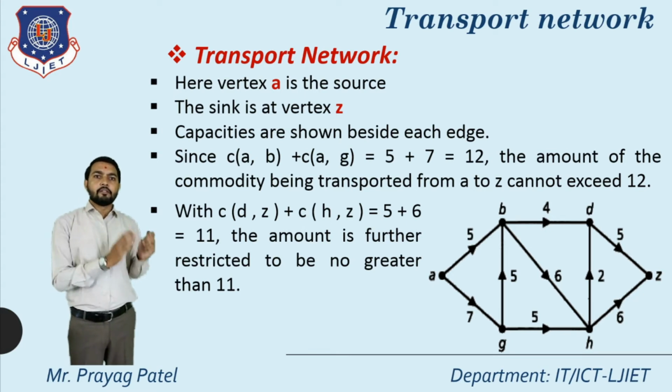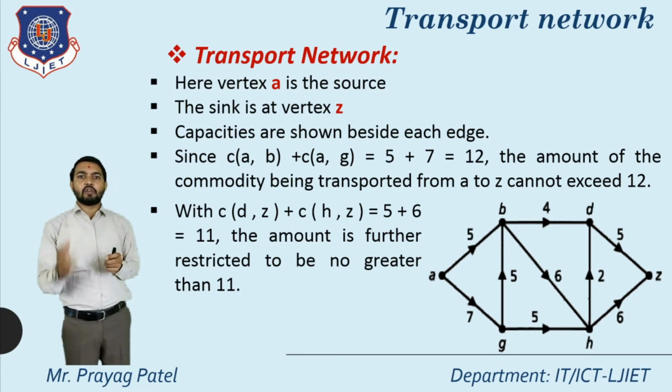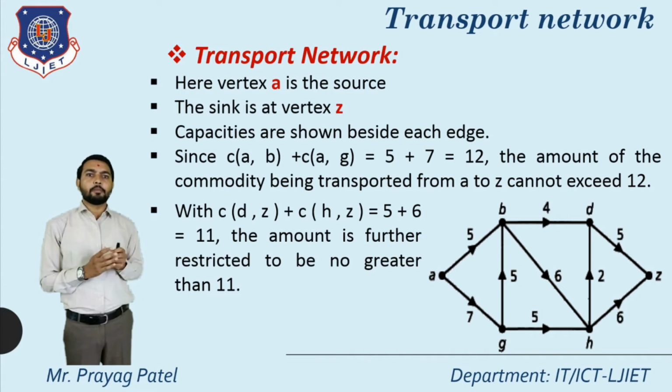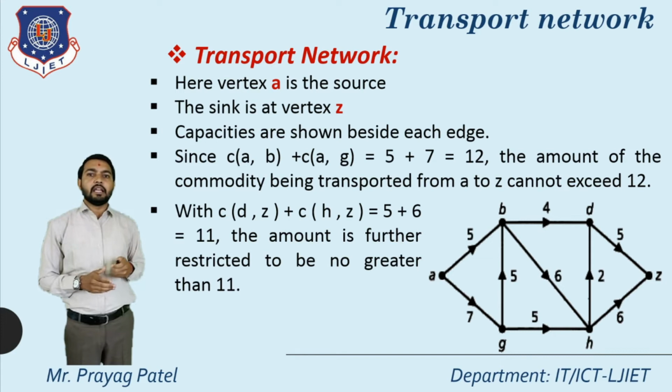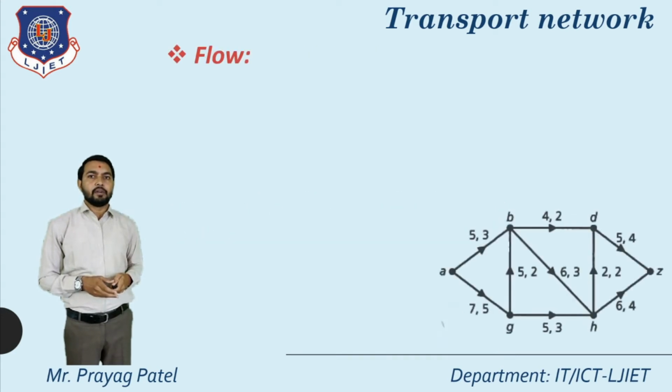That means here the value is 11 and the previous value is 12. So the minimum of these two is considered, because the amount is further restricted to not greater than 11. So the maximum water transfer from source to destination, from A to Z, we can say is 11, not greater than 11.